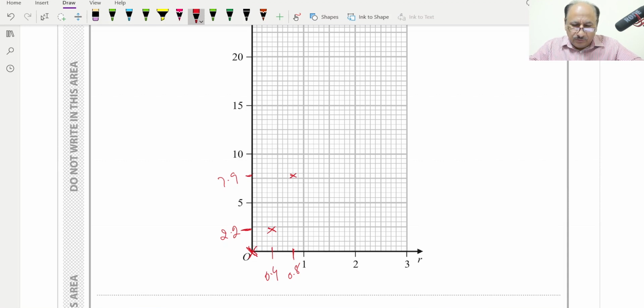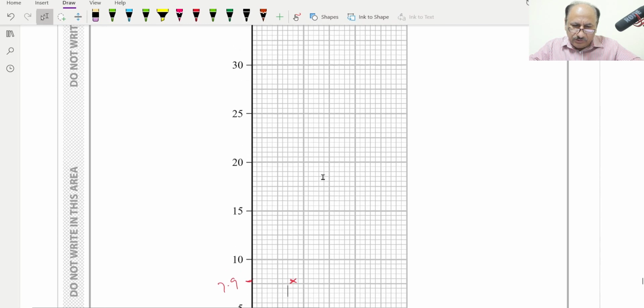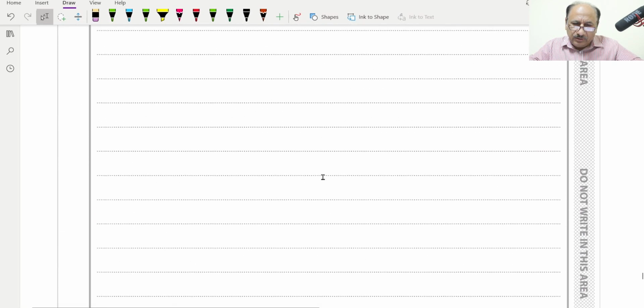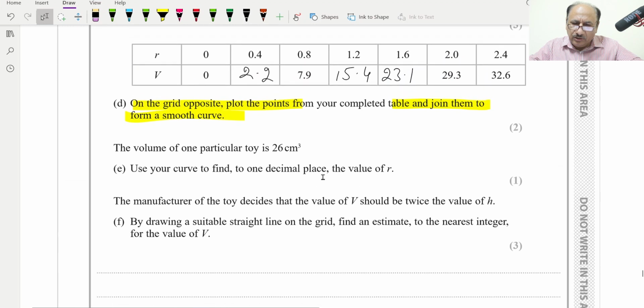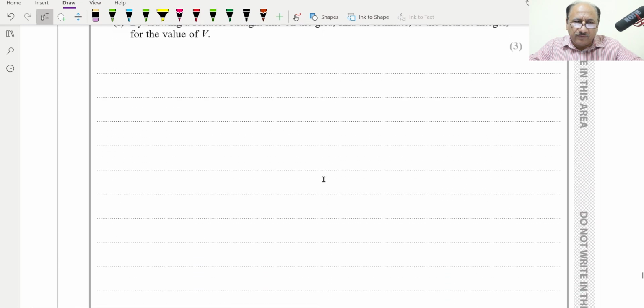This is done. The next value is 1.2 and 15.4.